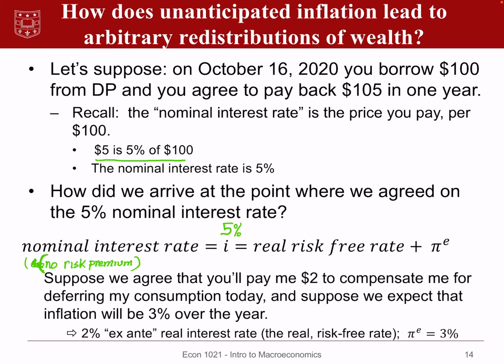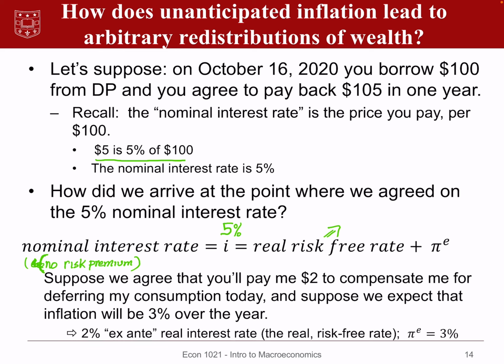So we can think about this risk-free rate in this context as, what amount do I need to have in inflation-adjusted terms in order to part with this $100? And similarly, what amount are you willing to pay in order to get $100 today in inflation-adjusted terms?